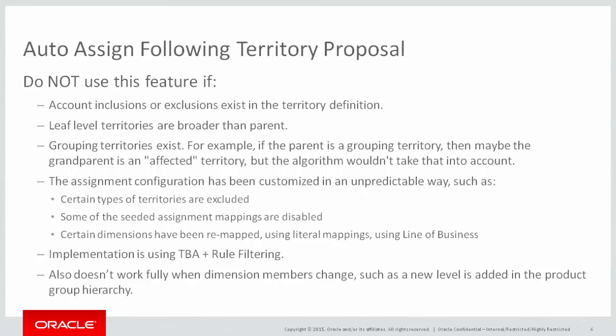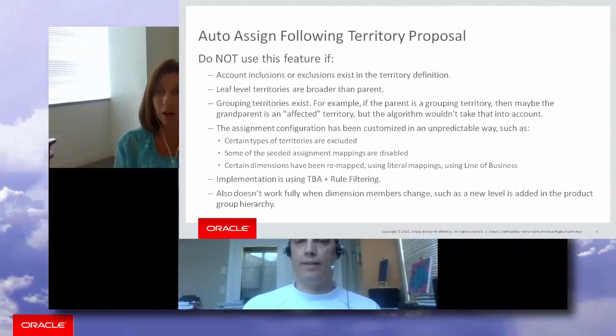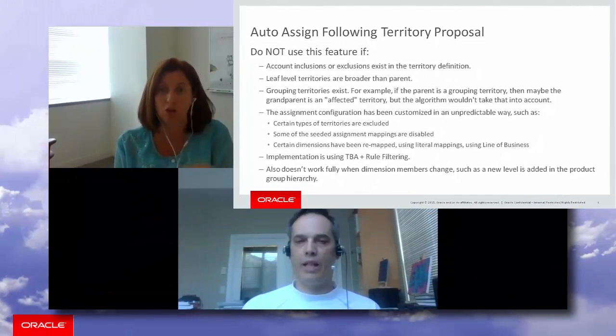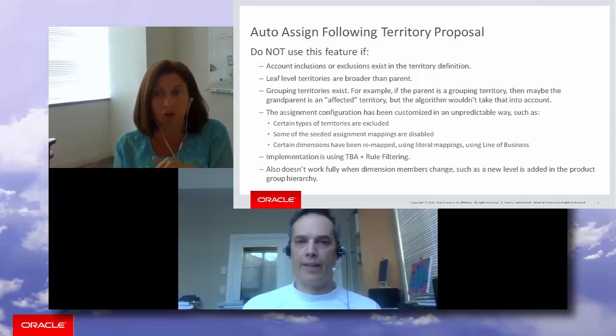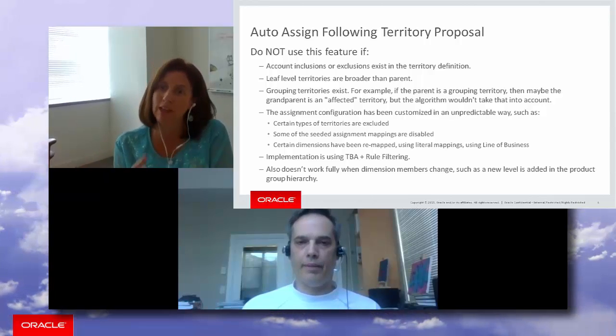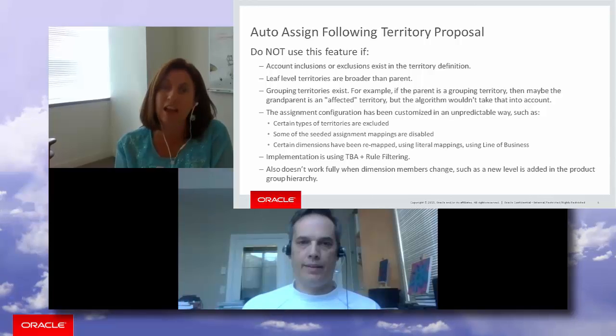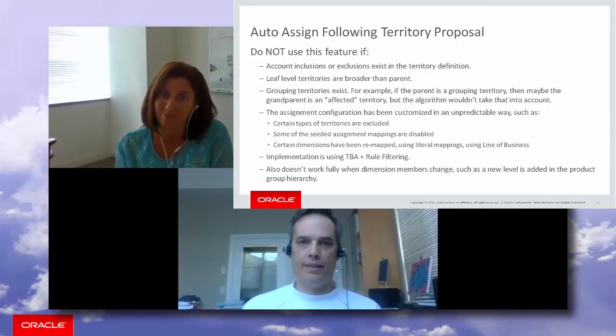If the assignment configuration has been updated in an unpredictable way. And our definition of an unpredictable way is that you have maybe turned off a dimension. You've chosen not to use geography, or you've chosen not to use industry, but you have that geography or industry dimension enabled on the territory side.